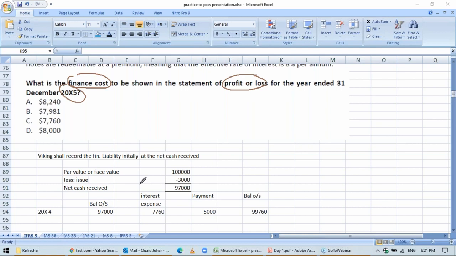So first of all, I recorded the liability, and on 97,000 I applied the effective rate to arrive at the interest expense, and then I deducted the amount paid by Viking. The balance grows to 99,760. So in 2005, the balance outstanding is not 97,000 anymore. Now it has grown to 99,760.